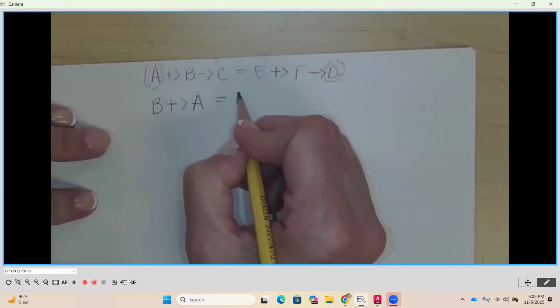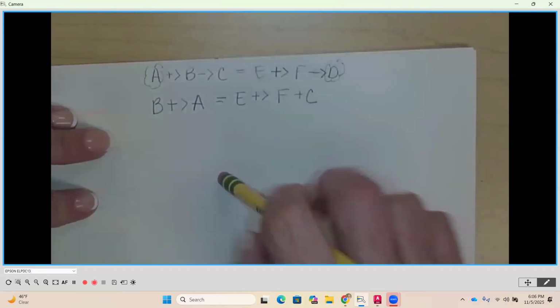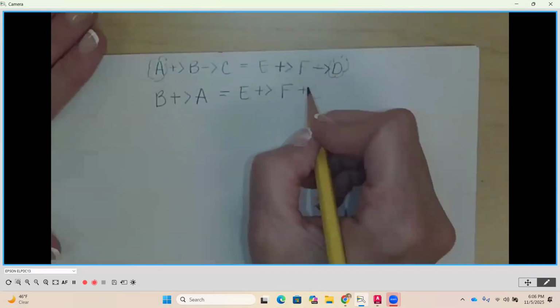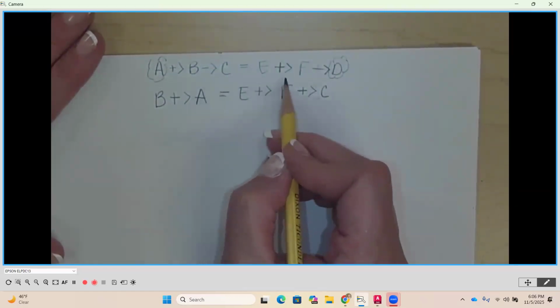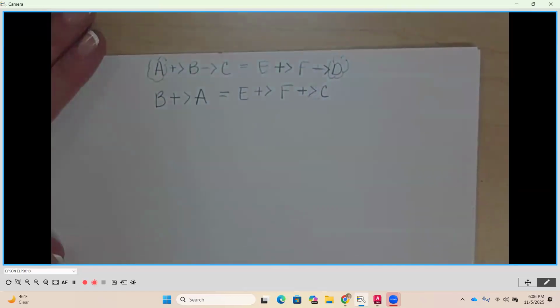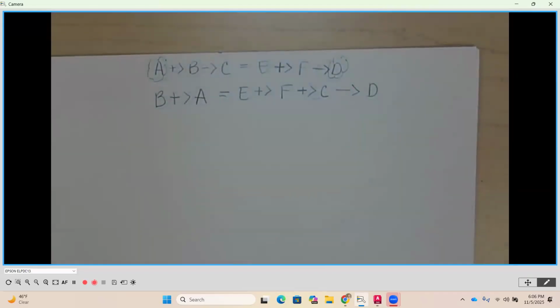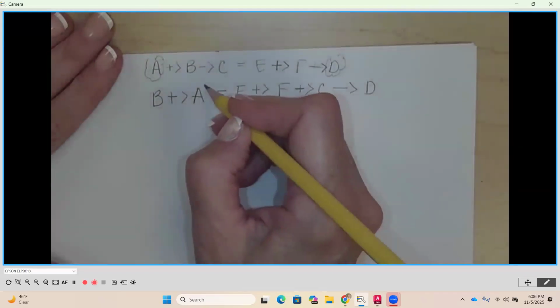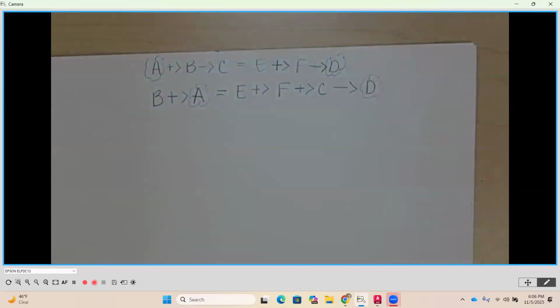So this is going to be equal to E plus F plus C, okay? So C was negative over here, it became positive, but it's fully defined. So I want to put it before D. D needs to still be at the end. So my two unknowns are A and D, okay? And they're at the end of each one of the lines.